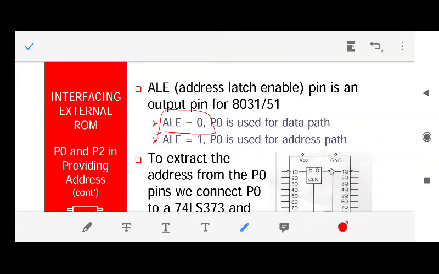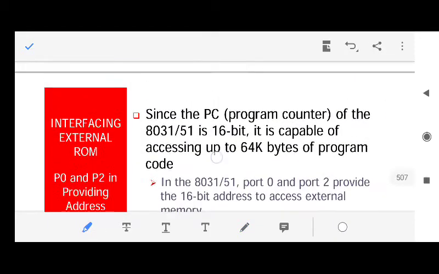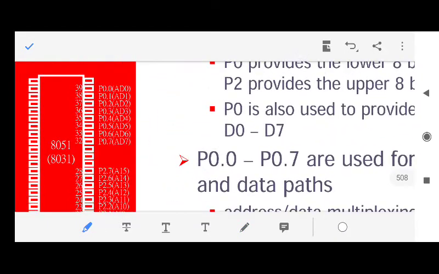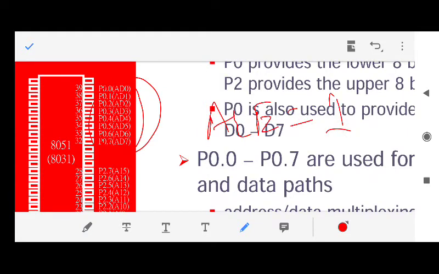Address latch enable, as the name says. Whenever the address latch enable pin is 1, the output coming out from port 0 can be address or data, but when address latch enable is 1, that means that whatever is coming out is address only.